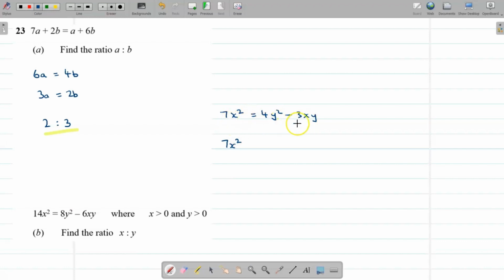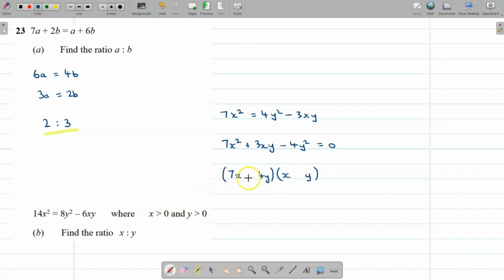So if I add the 3xy, and then take away the 4y squared, I can set it equal to 0. If you look at this carefully, you can see that it does actually factorize with the 7x and an x there, a 4y and a y here. And now we just need to get the signs correct.